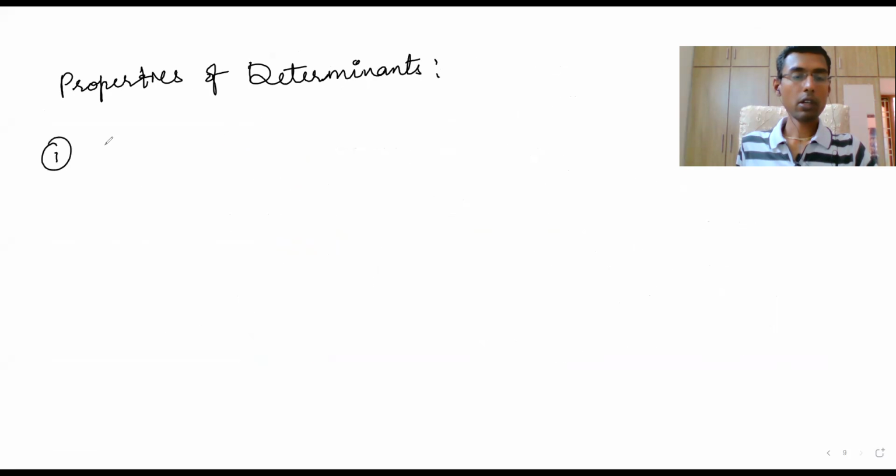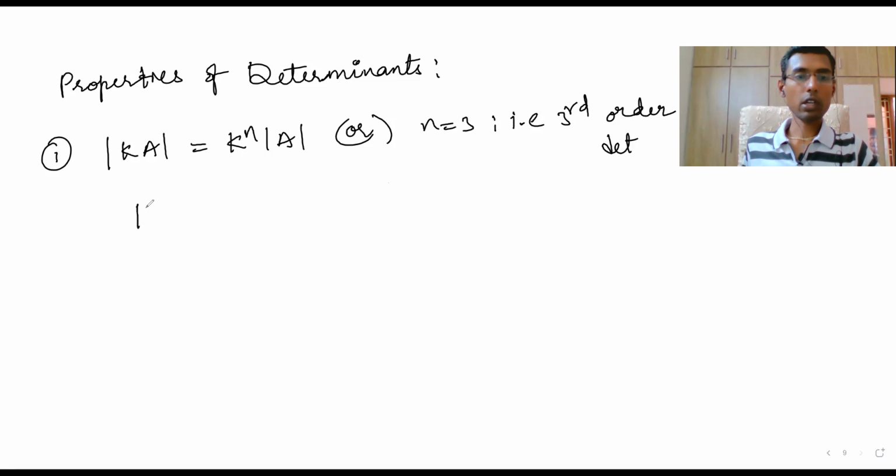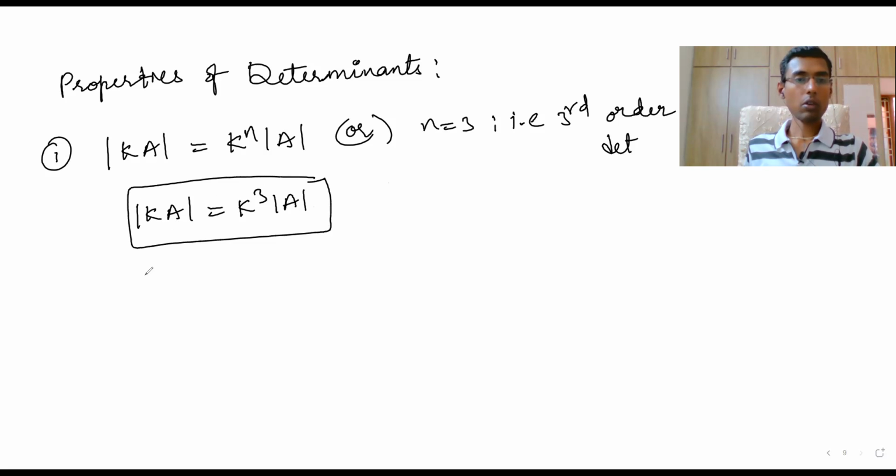First property: det of kA equals k to the power n into det A. For third order, det of kA equals k to the power 3 into det A. This is what we get.